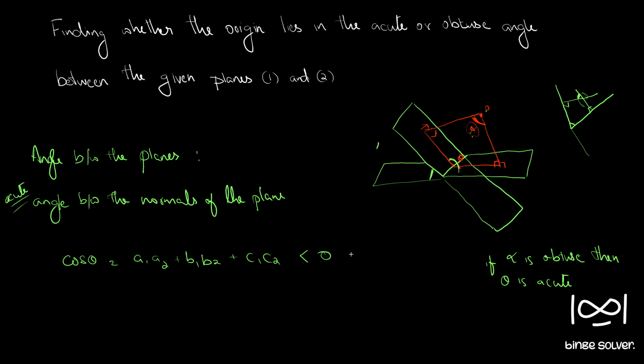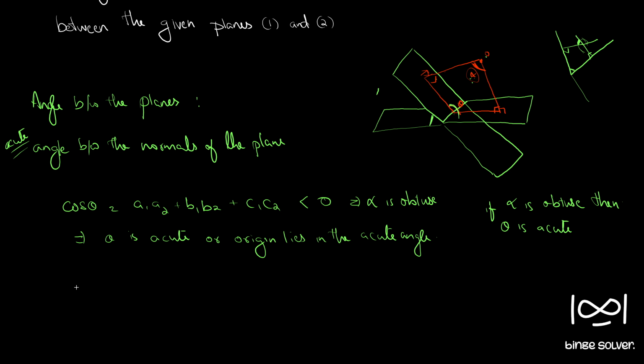Less than 0 implies alpha is obtuse. If alpha is obtuse, then theta is acute, or the origin is in the acute angle.